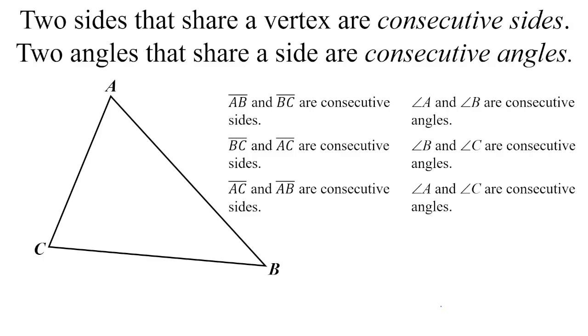Angle B and angle C are consecutive angles because they share segment BC as a side. Angle A and angle C are consecutive angles because they share segment AC as a side. So if two angles of a triangle share a side, they are consecutive. And two sides are consecutive if they share a vertex.